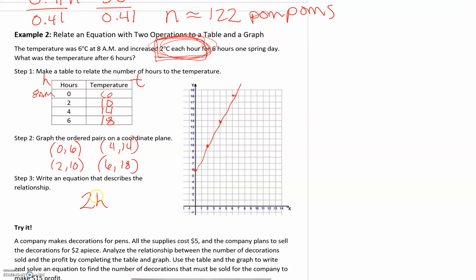So 2 times however many hours I have. And then, but I started at 6 degrees. So I have to have plus 6. And that is going to be what my temperature is going to equal. So then there's my equation. So the only difference between this one is that we had a starting point. We had to start above basically 0 before we increased by anything there.